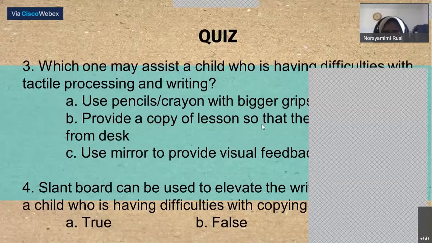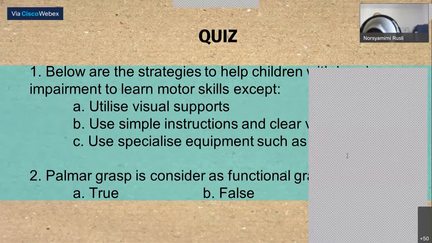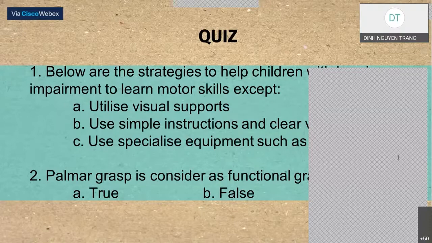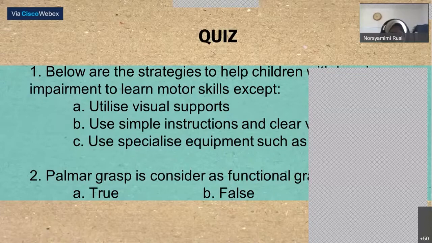Is that clear, Mr. Nguyen? Did I answer your question about the assessment for motor skills? Yeah, thank you. I think that screening is easier than assessment. The assessment is quite long; it takes more time than the screening.